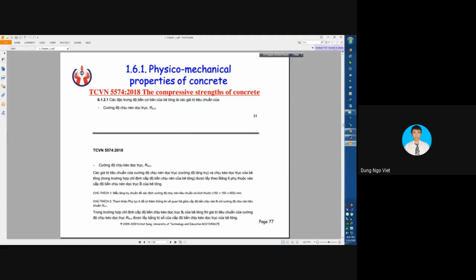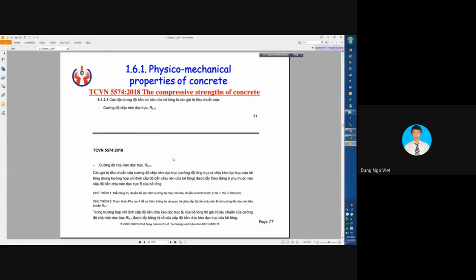For the new Vietnamese concrete standards, we have many definitions for the compressive strength and tensile strength.